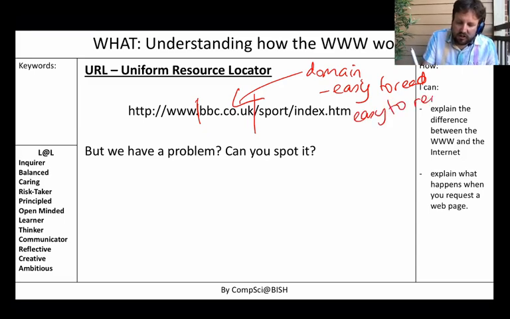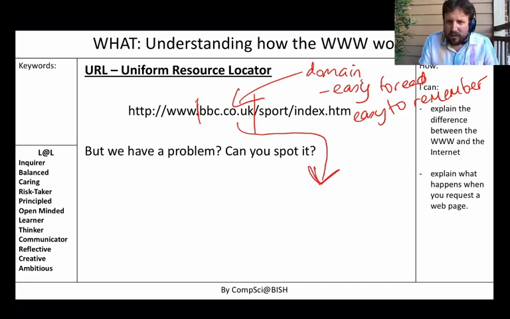It's much easier for me to remember and read bbc.co.uk, but a computer can't read that. Maybe you remember what we talked about in our last video: everything on the internet has a unique identifier, something that uniquely identifies it, and we called that an IP address.